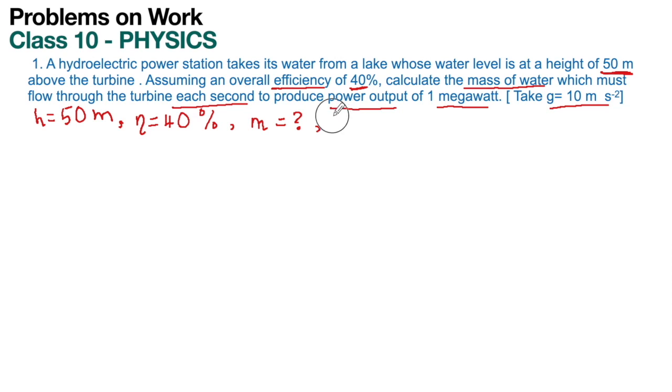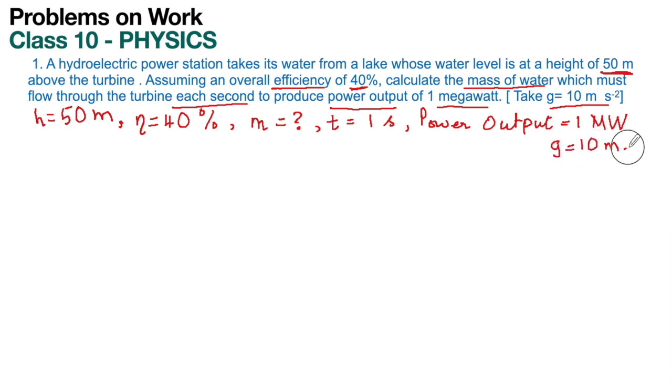Now each second means even the time has been given as 1 second. And the power output is going to be 1 megawatt. And they are saying take G equal to 10 meter per second square.